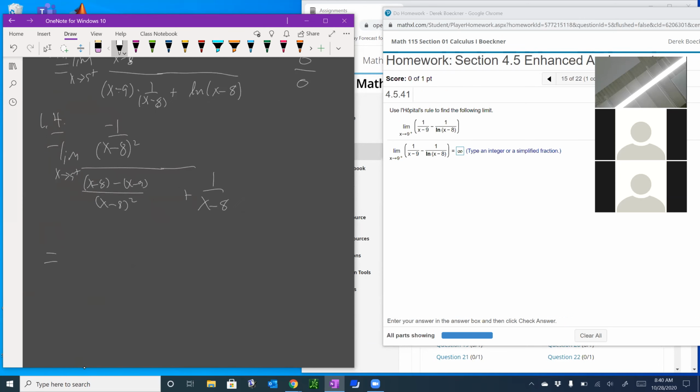Let's simplify all that by multiplying everything by x minus 8 squared. So I'll have a minus 1 if I multiply the top by x minus 8 squared, and the bottom I will have an x minus 8 minus an x minus 9.